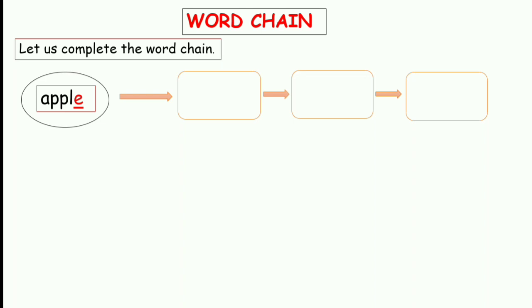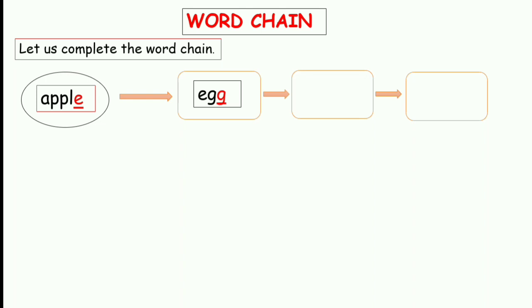So we are going to start the next word using the letter E, which means my new word should begin with E. So let's see what I have. Well, I have written E-G-G, egg. The last letter of the word apple was E, so I began with E, egg.